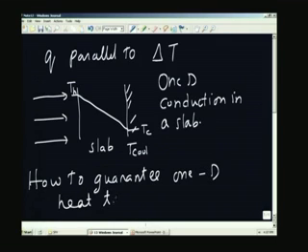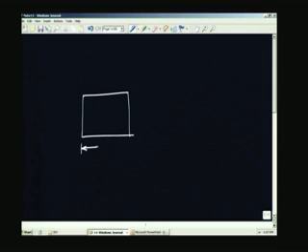So, why is it so difficult? Let me just explain. Suppose I have a finite sized material, this is L, and let us say this is the diameter of a block of material.